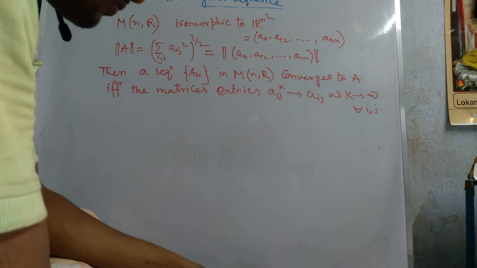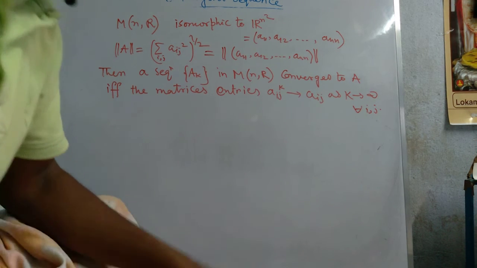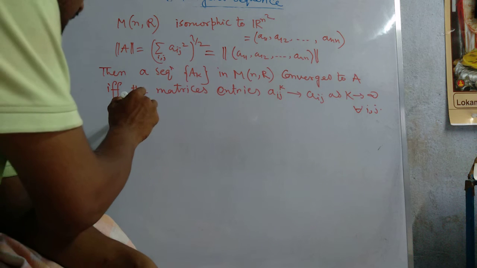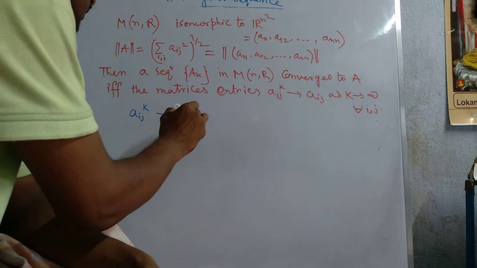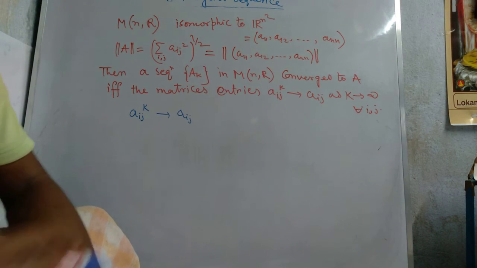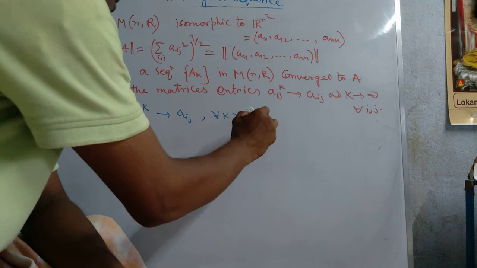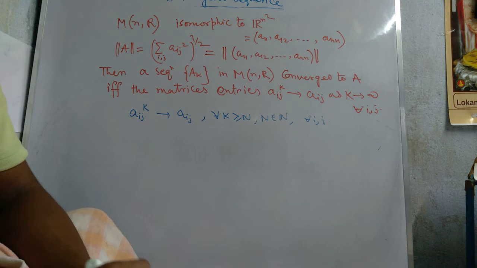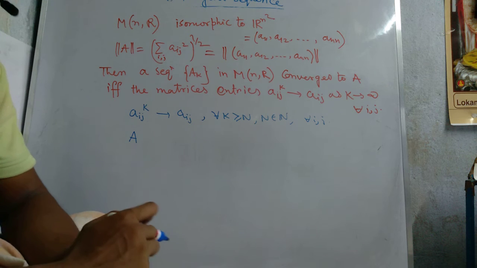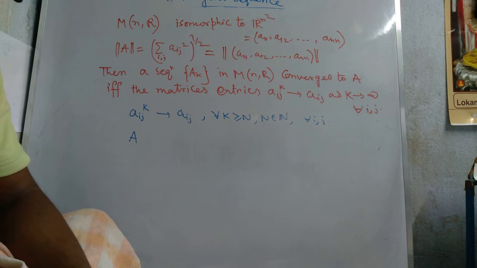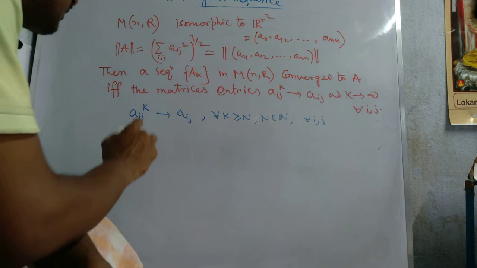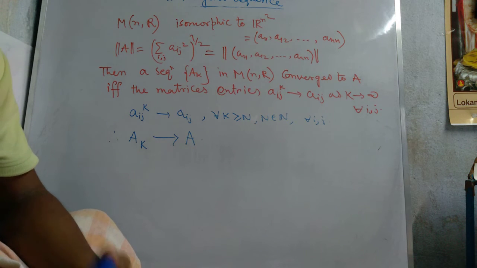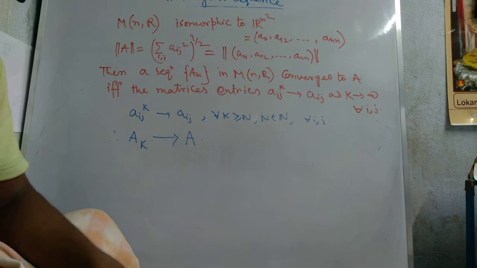Okay, how do we proceed with this? We proceed so simply: if every element aij^(k) tends to aij, then obviously for all k greater than or equal to N and for all i, j, Ak converges to A. In this way we write it.